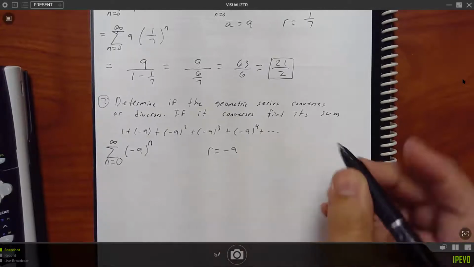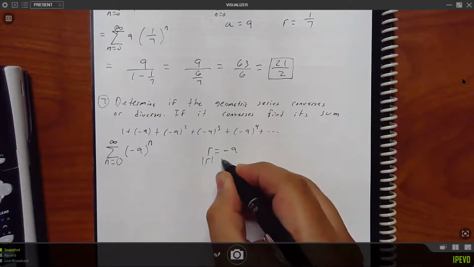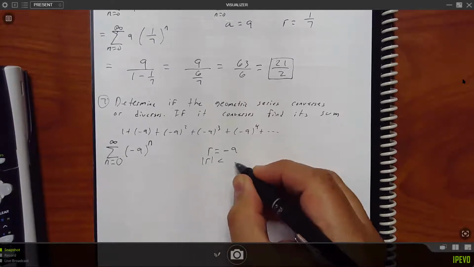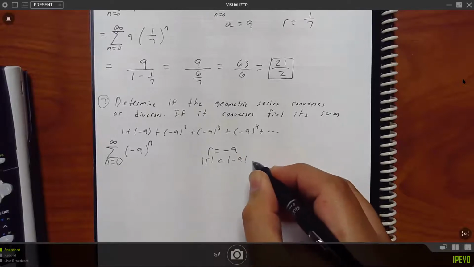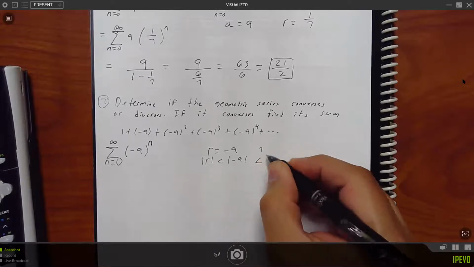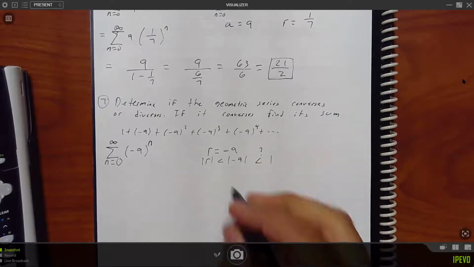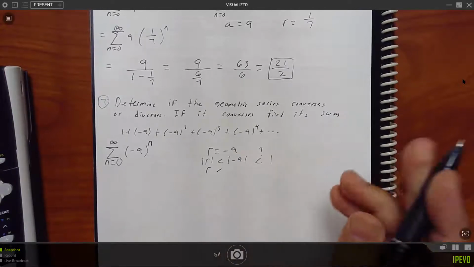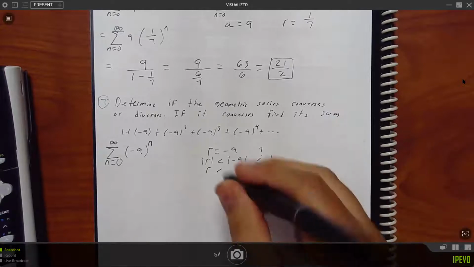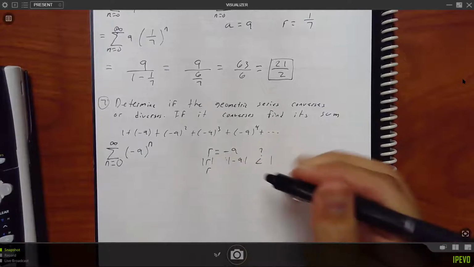But for it to converge, the absolute value must be less than 1. Is it? I should put it equals here.